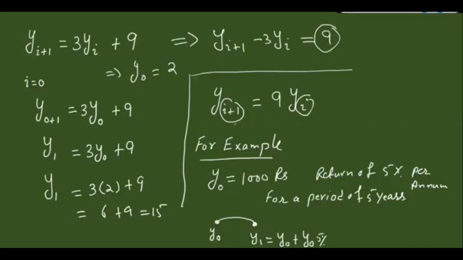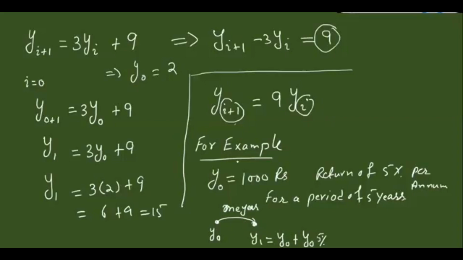After the completion of 1 year, I need 5% of y naught and add it to y naught. So this will be my new amount after completing 1 year. So the amount that I invested should be y naught plus y naught times 5%.